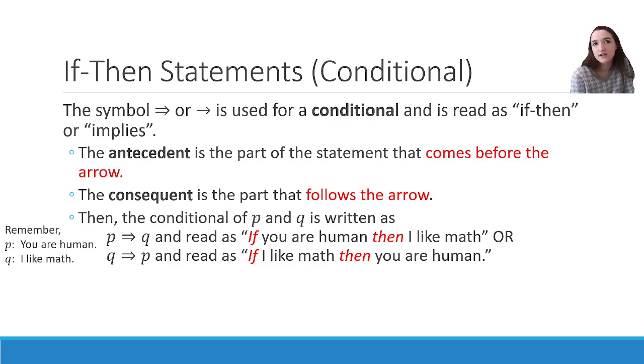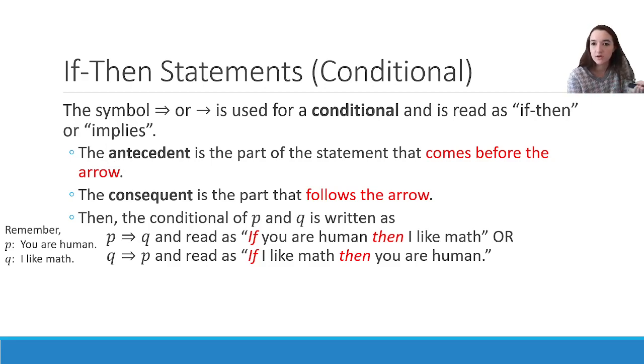Let's say, if it is raining, then you will get wet, versus if you get wet, then it is raining, right? Those would have two different meanings, because they are true or false for different situations.